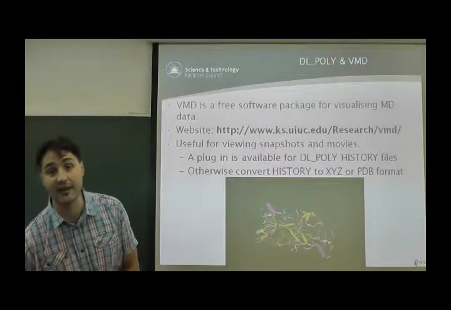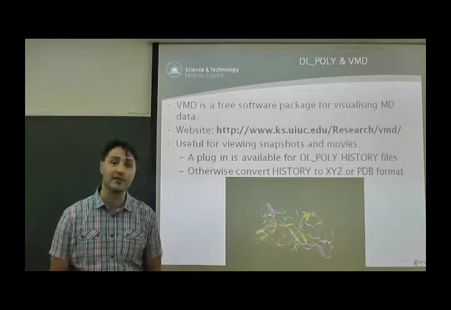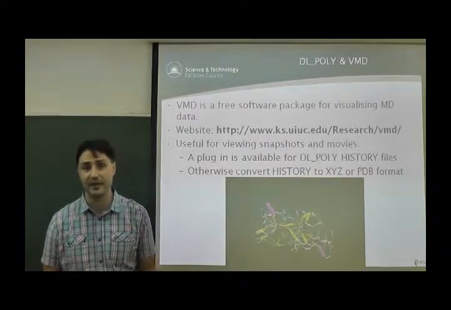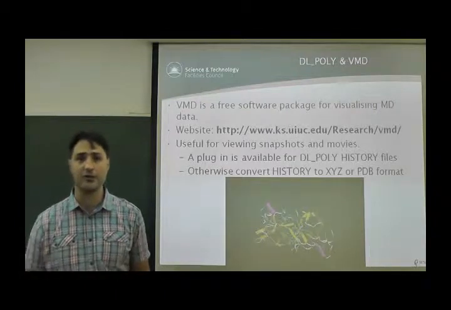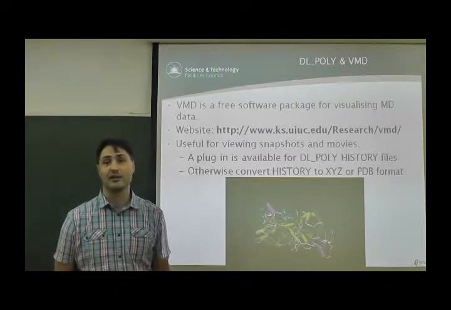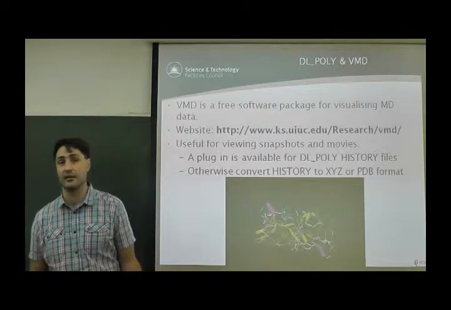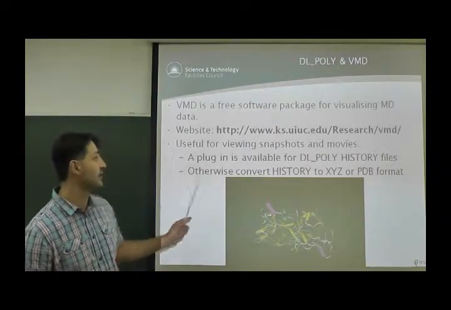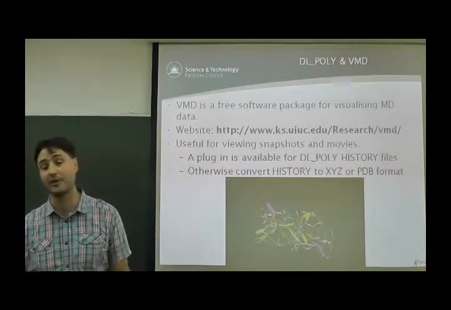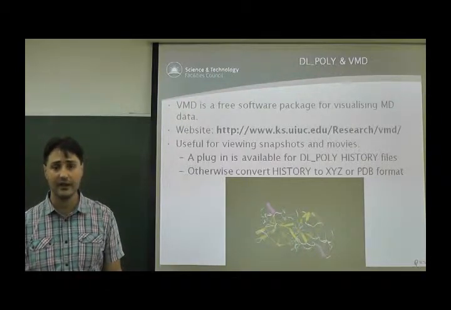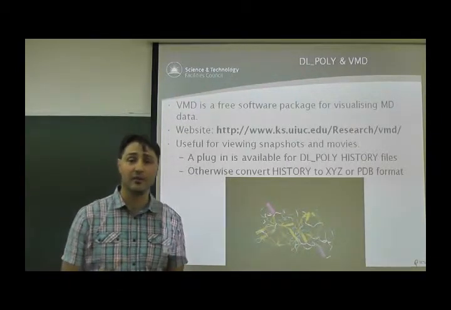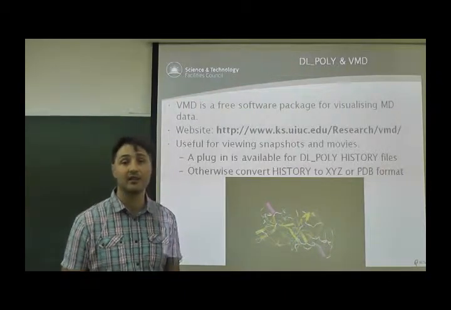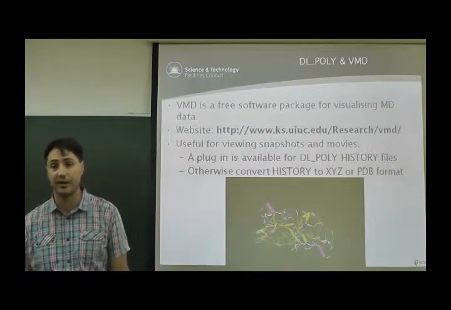If you wish to display your trajectories, one of the packages we recommend is VMD. It's a free software package for visualizing molecular dynamics data. It can do more than this. You can see what the website is. It is very useful for doing snapshots and making movies. And there is a default plugin supplied with the package that makes DL_POLY HISTORY files readable.